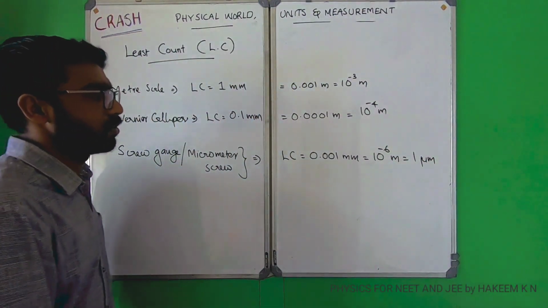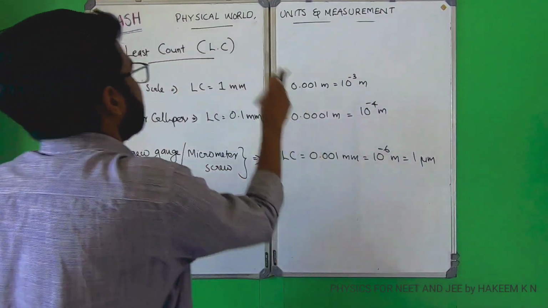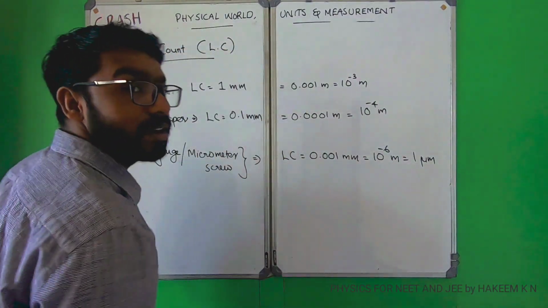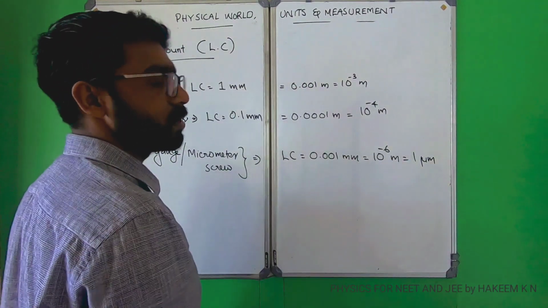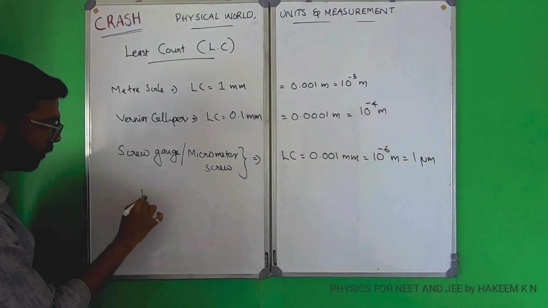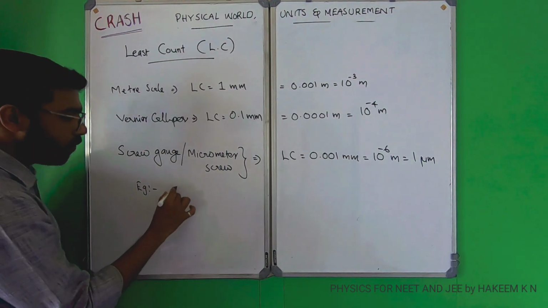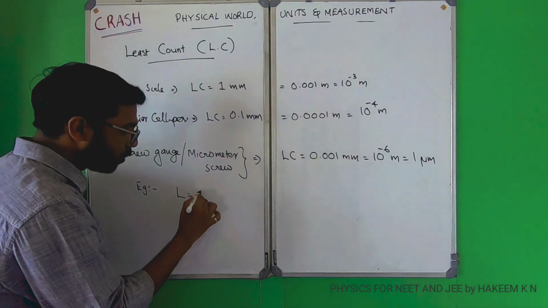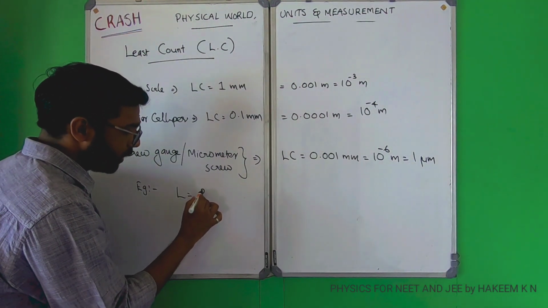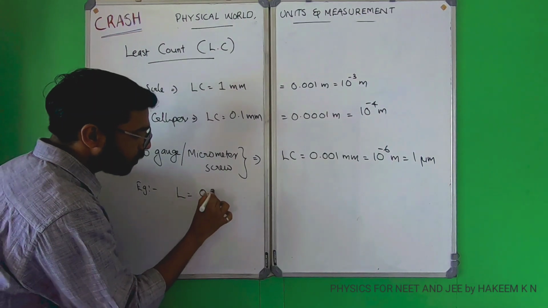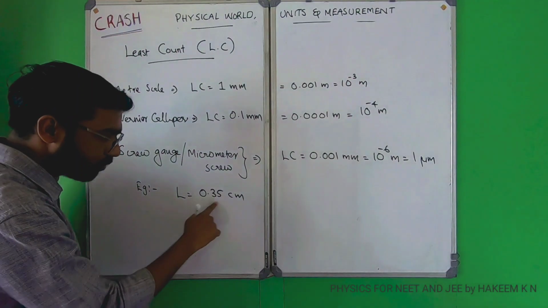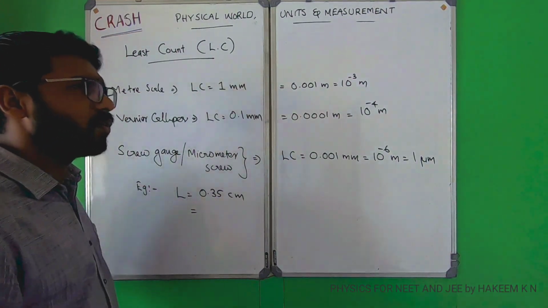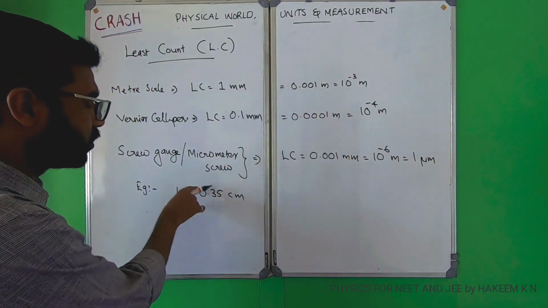So from the measurement we can understand with which device the measurement is taken. For example, when someone writes length equal to 0.35 centimeter, which device is used for this measurement?